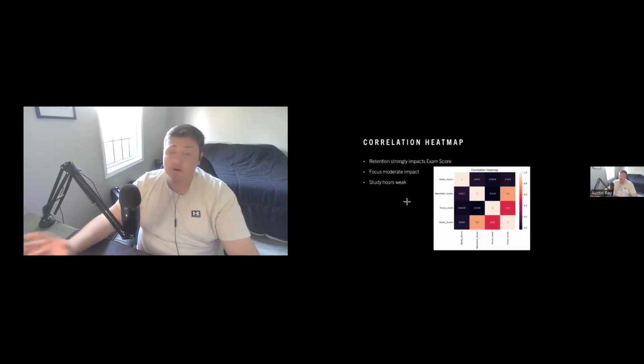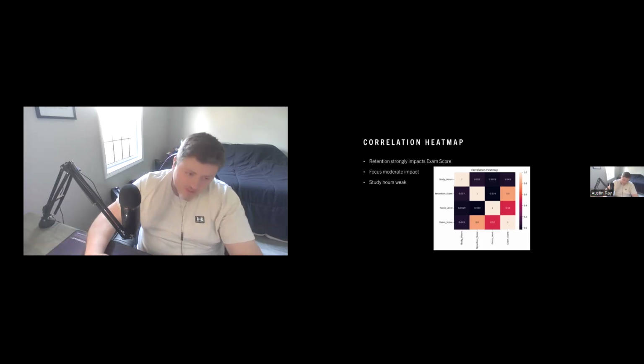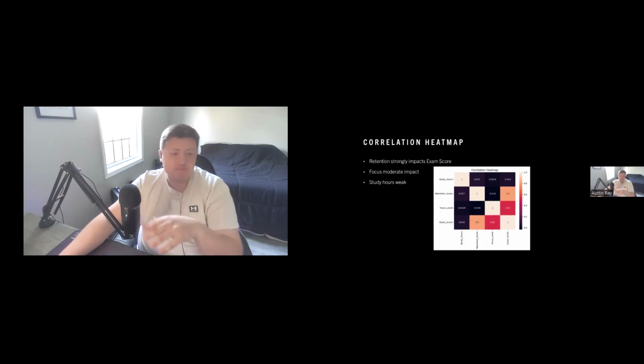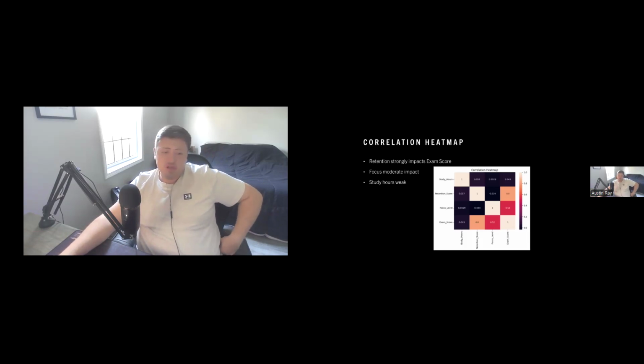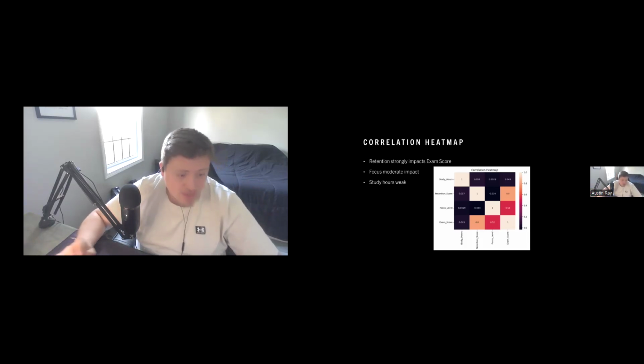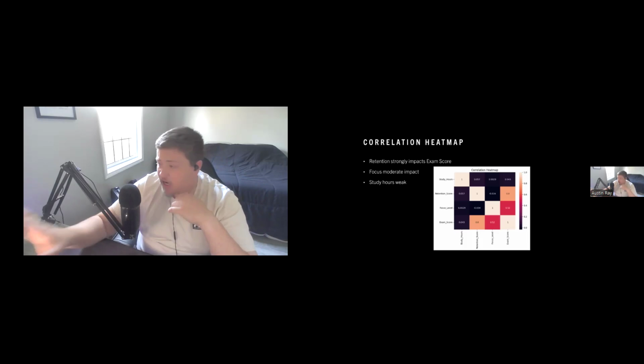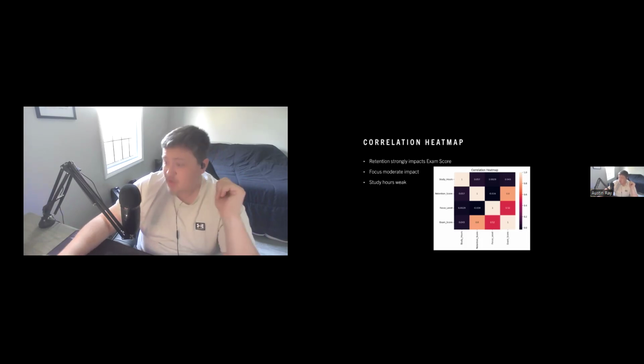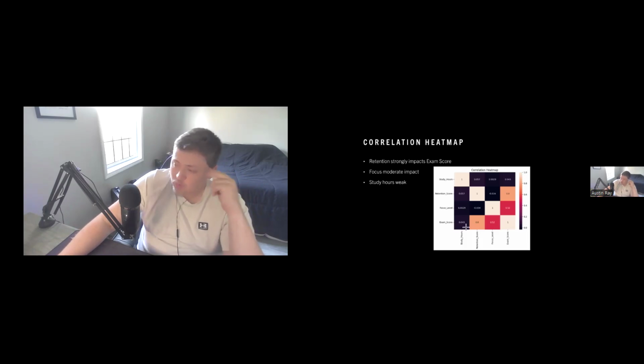All right, the correlation map is where everything comes together. This heat map shows how different variables are related to each other. The strongest relationship here is definitely between retention score and exam score. Exam score and study hours is a pretty low correlation.